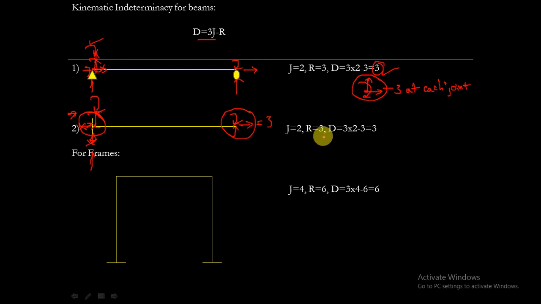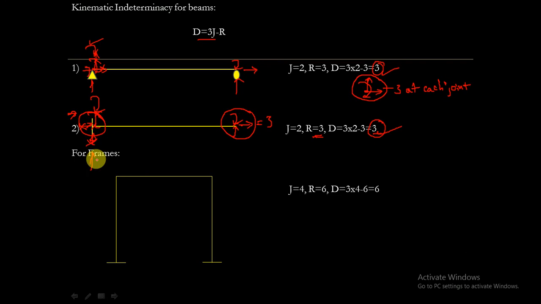And D equals 3 into 2 minus 3 equals 3. The degree of freedom for this cantilever beam will be 3. Whenever the free movement is restricted, reactions develop. So we have to deduct the reactions from the total degrees of freedom.